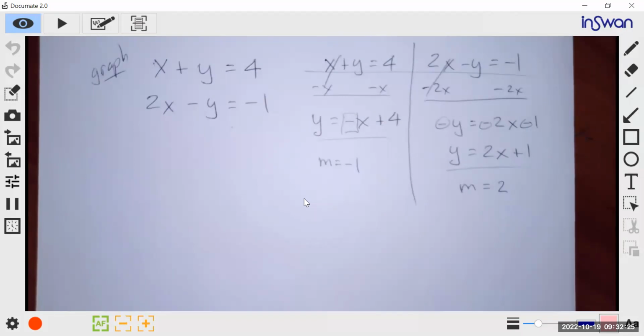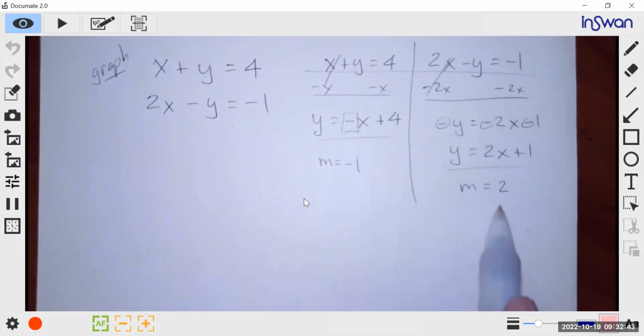Is -1 the flip of +2? No. They're not flips of each other, so they're not perpendicular. So the last possible condition is they're just two lines that meet somewhere. Because the slopes are different, they're going to have one solution. They're going to meet somewhere.